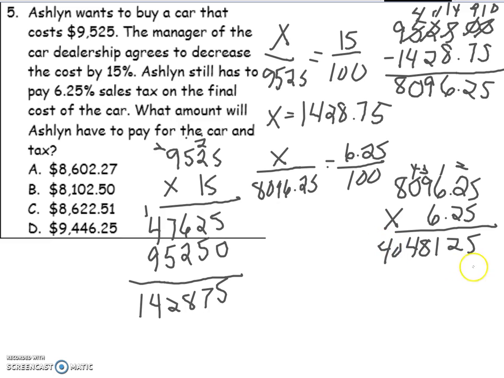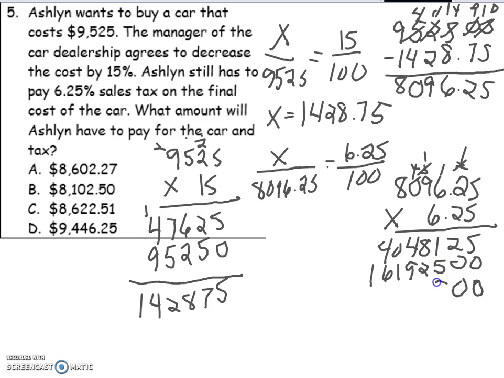Put a placeholder. 2 times 5 is 10. 2 times 2 is 4, plus 1 is 5. 2 times 6 is 12. 2 times 9 is 18, plus 1 is 19. 2 times 0 is 0, plus 1. 2 times 8 is 16. Put 2 placeholders.